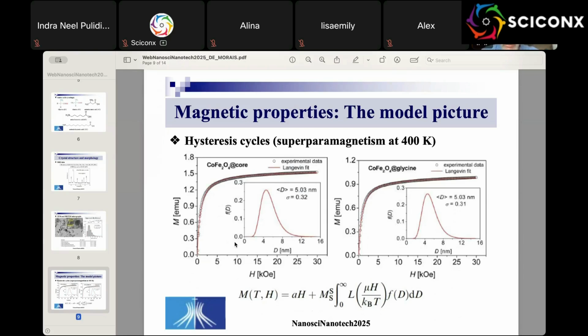And then you can see that the morphological data extracted from magnetization data is exactly the same as we extracted from the transmission electron microscopy data. So next slide, please.